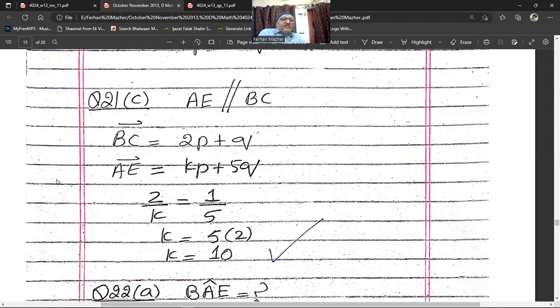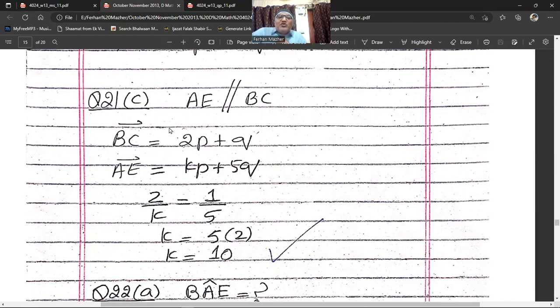Because the AE and BC lines are parallel to each other, the ratio of the coefficients of P and the ratio of the coefficients of Q will be equal to each other.